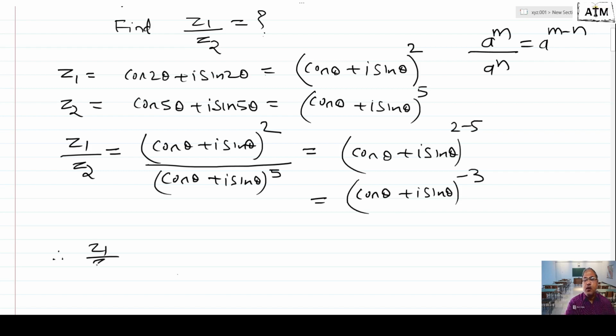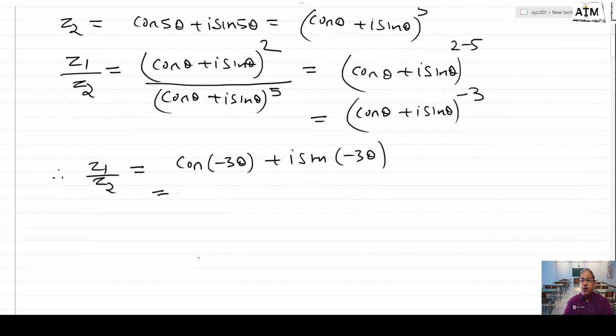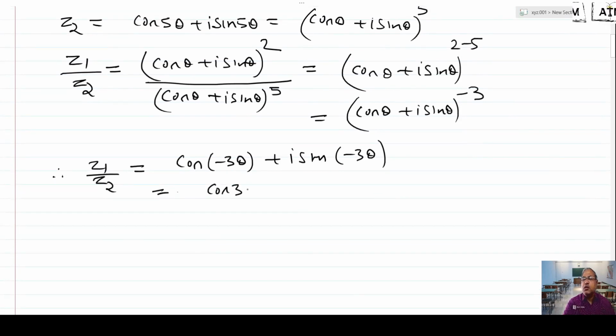Therefore, Z1 upon Z2 equals cos of minus 3 theta plus i sin of minus 3 theta. This is by using De Moivre's theorem, and that is cos 3 theta minus i sin 3 theta. This is nothing but Z1 upon Z2. In this way, by using De Moivre's theorem, we can easily divide complex numbers given in polar form and simplify them to a very suitable and simplified form.